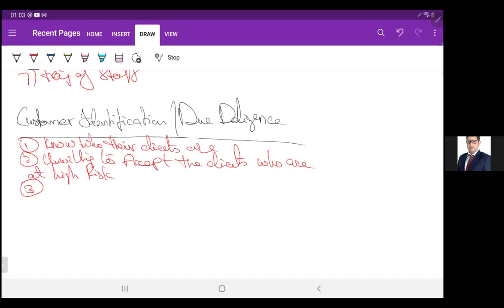Number three, know who their clients are, and should be unwilling to accept those clients who are at high risk. Now, who can be at high risk? The one whose transactions are unknowing or suspicious, right?